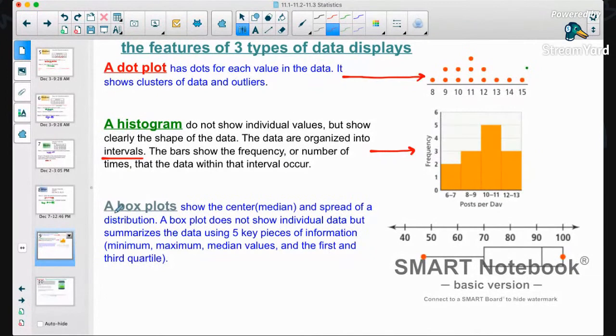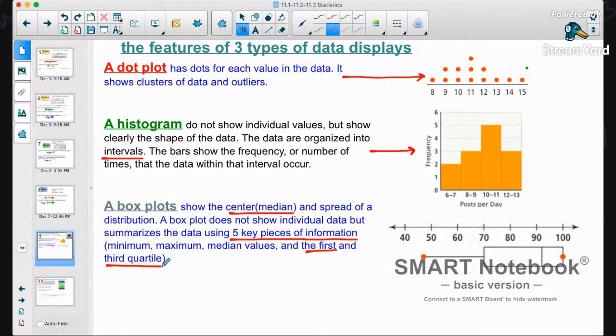The last one is box plots. A box plot shows the center, which means the median, and the spread of a distribution. A box plot does not show individual data, but summarizes the data using 5 key pieces of information: minimum, maximum, median values, and the first and the third quartile.